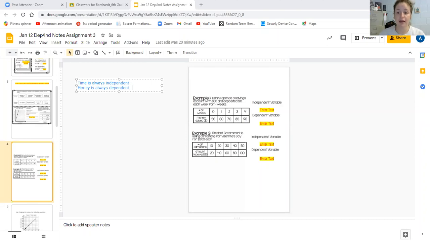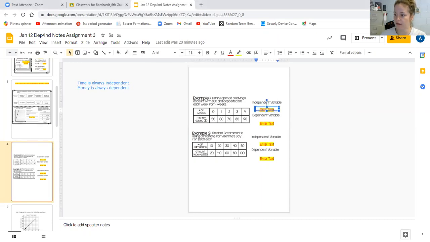Okay, so keeping that in mind, we can take that and narrow things down over here. So we have number of weeks and money saved. Weeks is a form of what, guys? AJ? Very good. It is a form of time. Since it's a form of time, we automatically know that it is an independent variable.